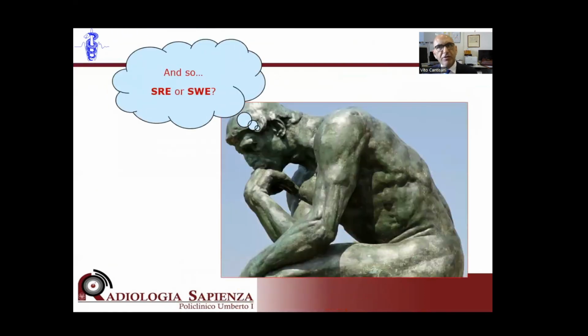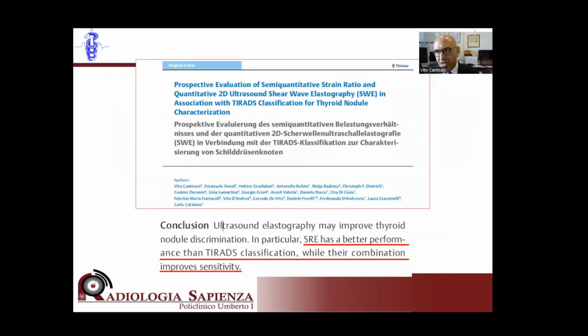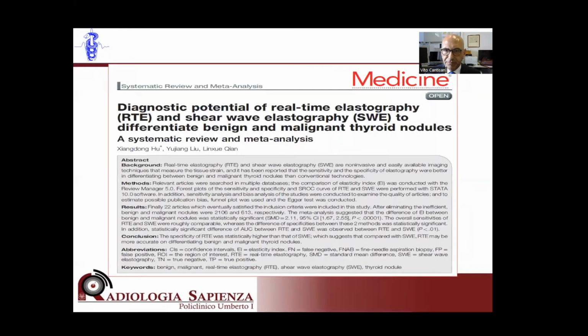And another important question is, at the end of the day, what is the best technique that I can use to obtain more accurate results? I recently published, together with my colleagues, this paper trying to address what is the best technique between strain elastography and 2D shear wave.